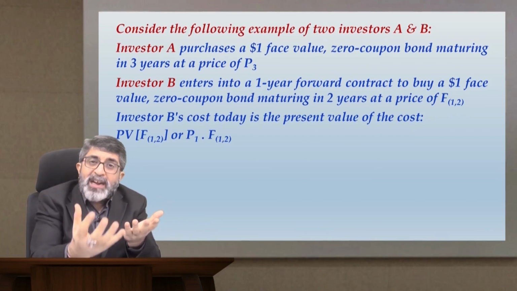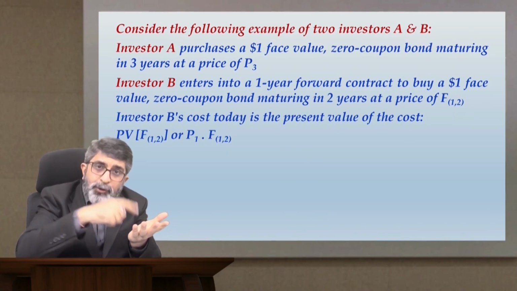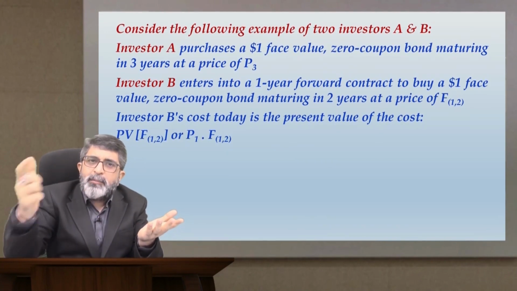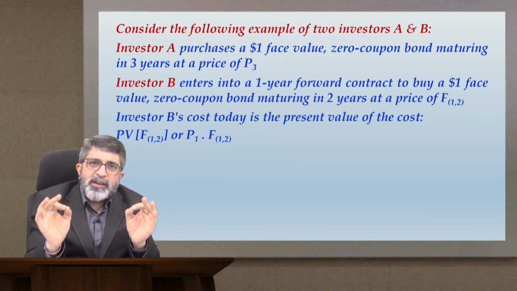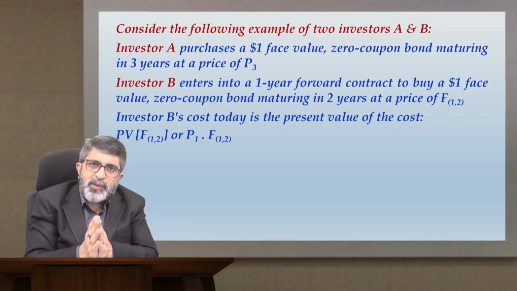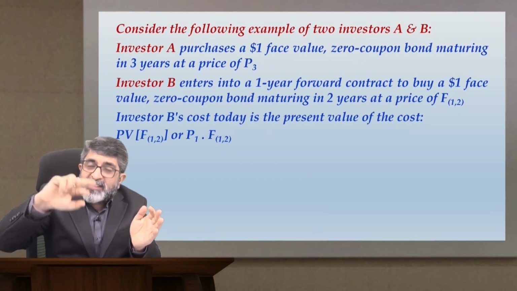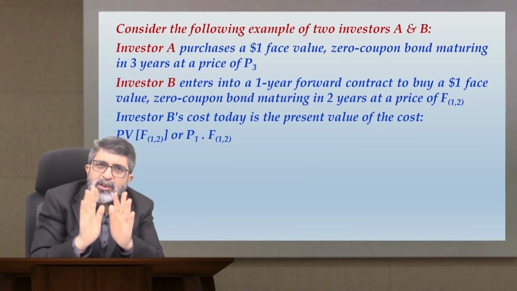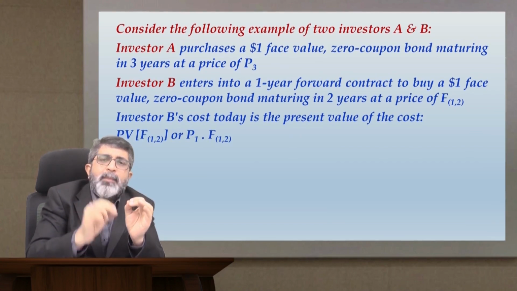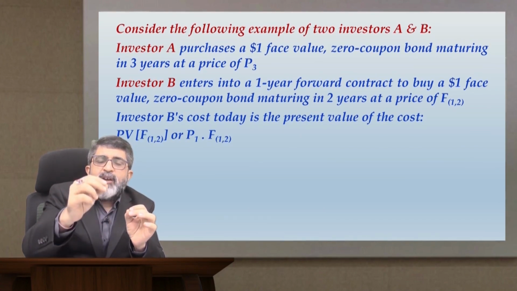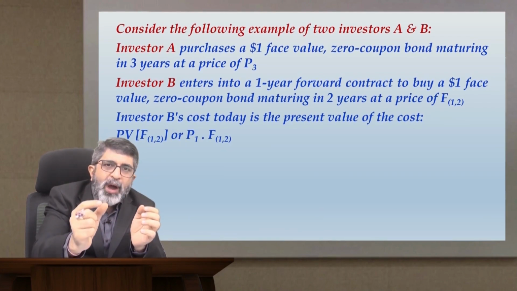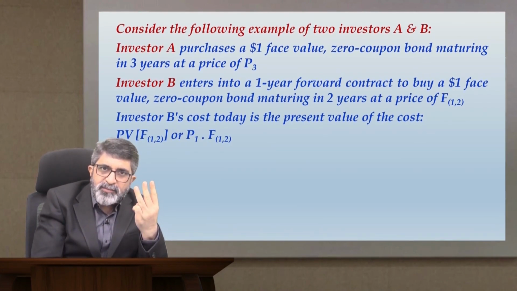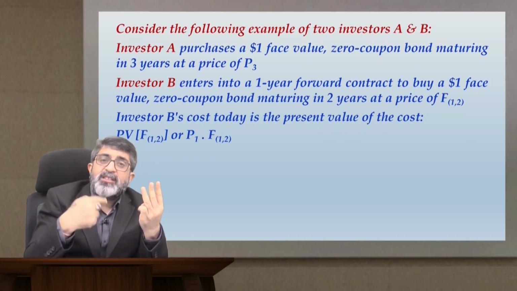Investor A will get back $1 after 3 years from now. Investor B will get back $1 after 3 years from now. But the only difference is investor A has already made the investment and investor B is yet to make the investment. Now you tell me, what is the amount that investor A would have invested? Use your common sense. So you identify the spot rate for 3 years because investor A has invested in a 3-year bond.